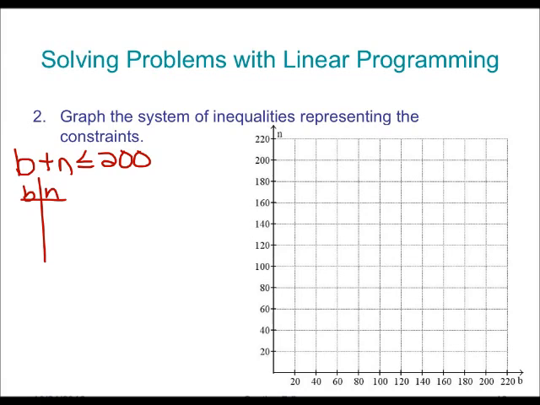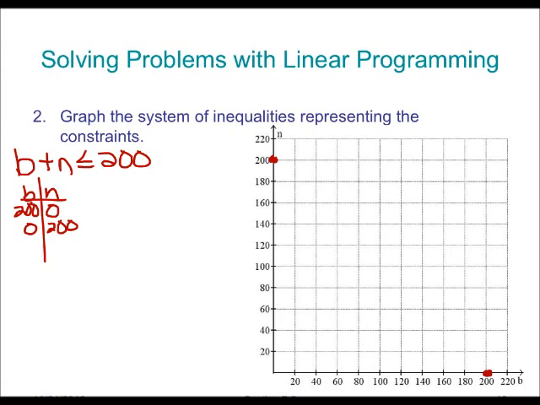I'm going to let n equal 0. If n equals 0, I plug in 0 for n. I get b equals 200. And I'm going to let b equals 0, and I'll get n equals 200. It's going to be a solid line because of the less than or equal to. So I'll point here at 200, point here at 200.